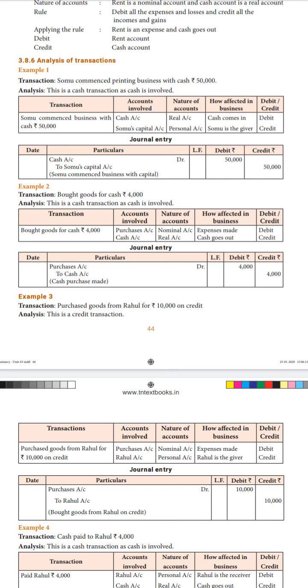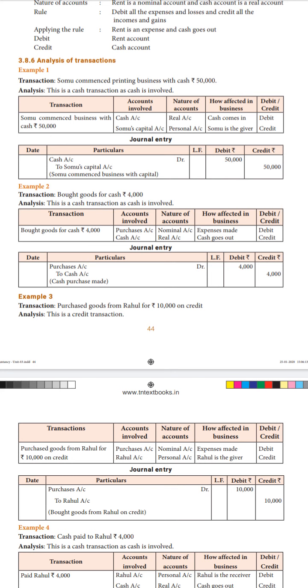We have to check whether the business is receiving cash or giving cash. In other terms, for a real account, what comes in should be debited, what goes out should be credited.